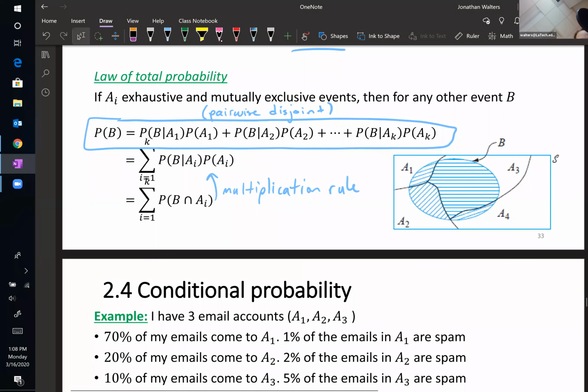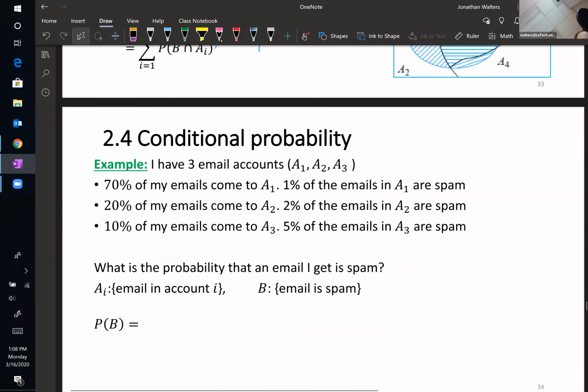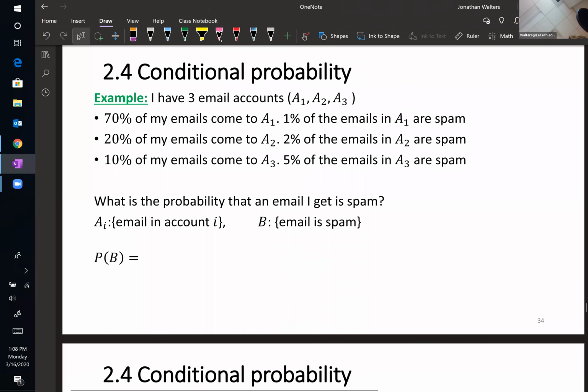So let's look at an example. It says I have 3 email accounts. If you're a tech student, you have at least 3 email accounts. The example says 70% of my emails come to account 1. We'll say A1. 1% of the emails in A1 are spam. So that's already a conditional probability.